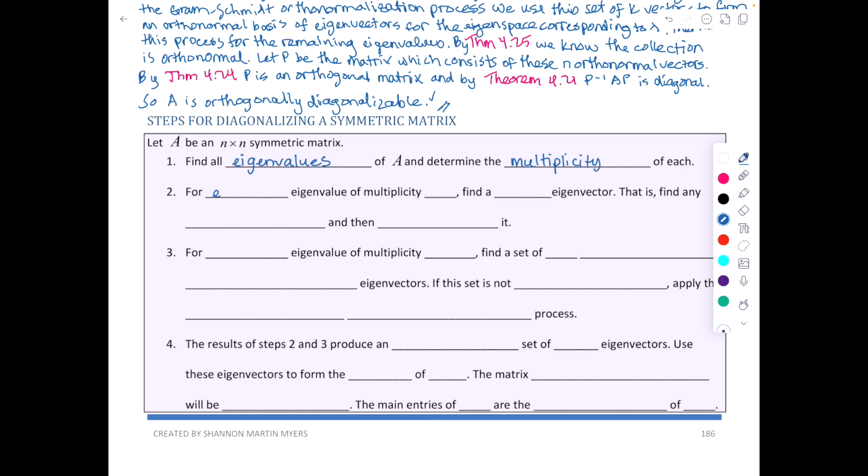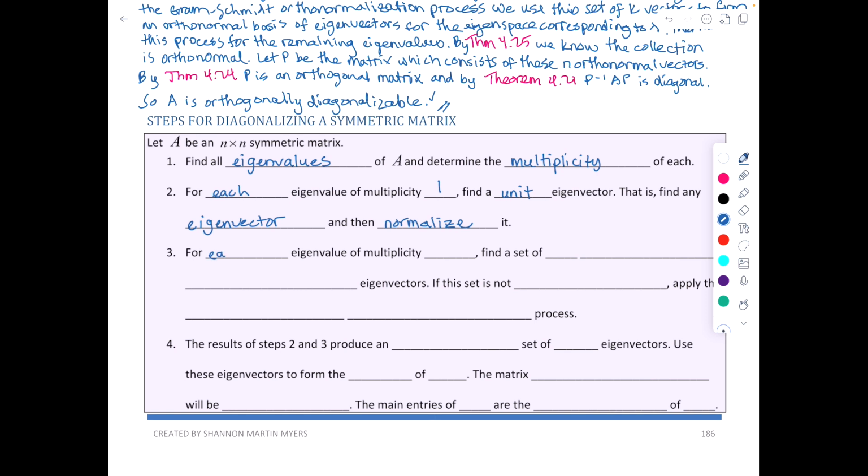For each eigenvalue of multiplicity 1, find a unit eigenvector. That is, find any eigenvector and then normalize it. So if you only have one, you're good to go.